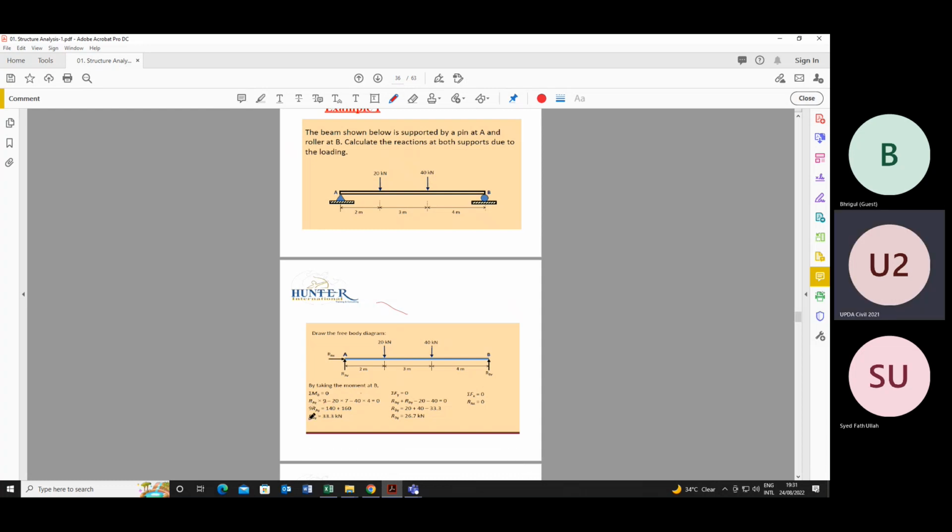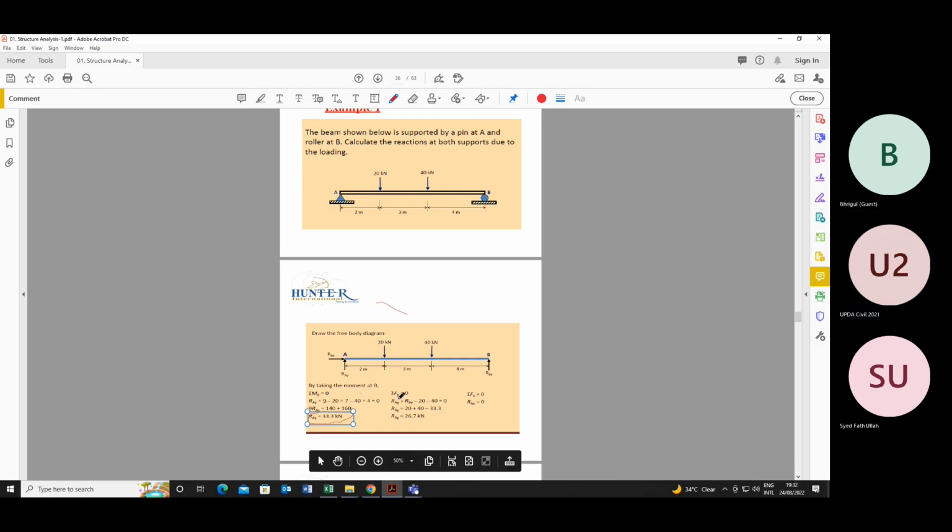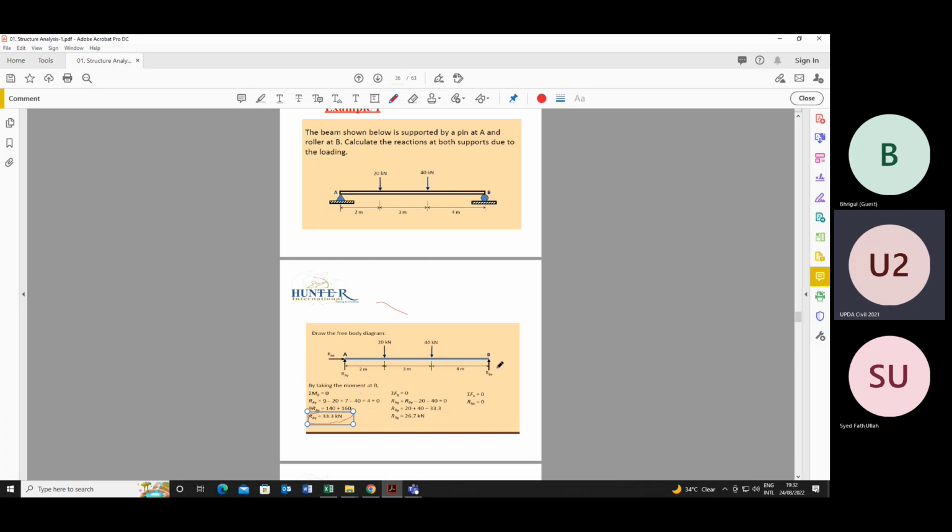If we resolve this equation, we will get RA. RAY multiplied by 9, why 9? What is bending moment? When we calculate bending moment, it is force multiplied by distance between the force and the point which we are considering.